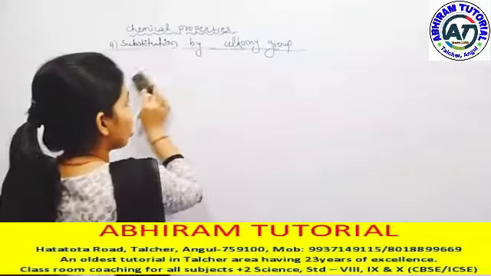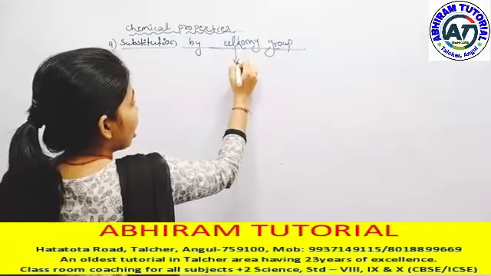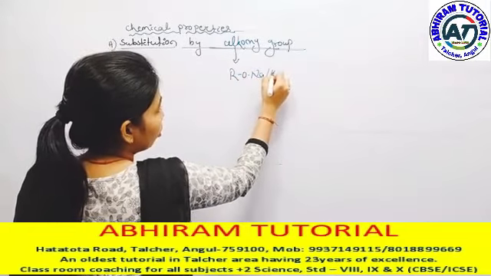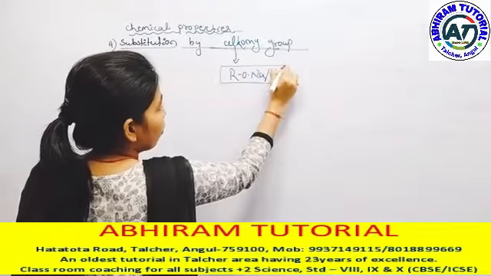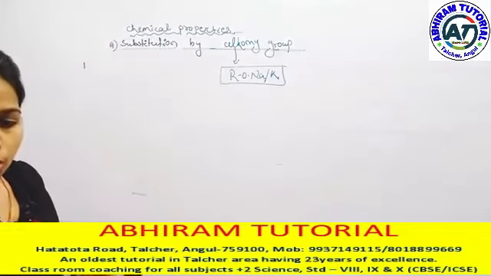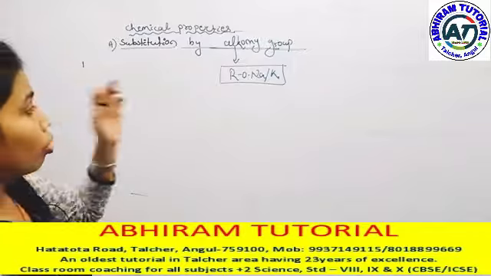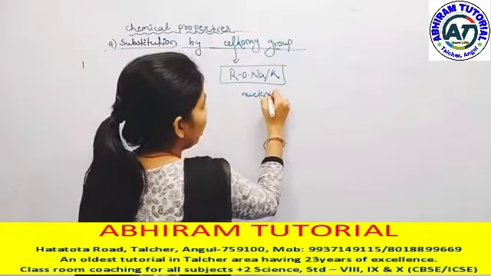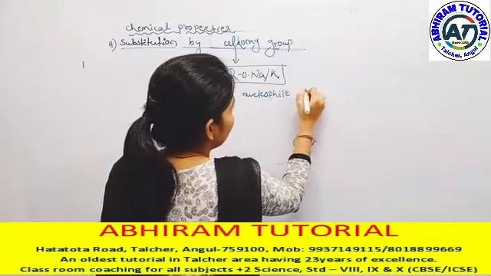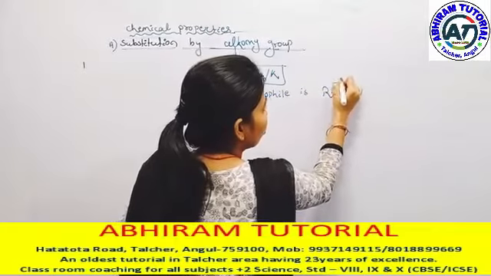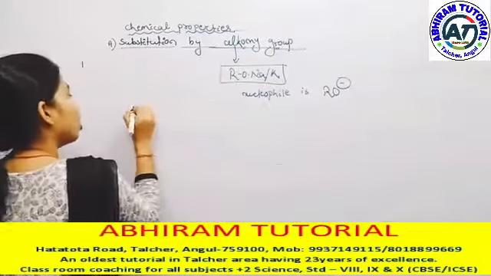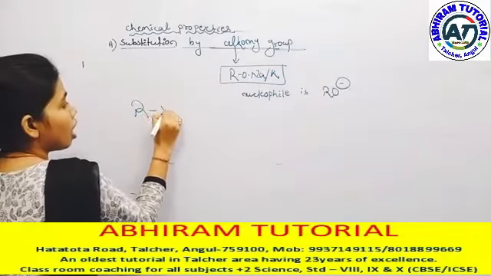An alkoxy group is RONa or ROK. Here the nucleophile is RO minus. So RO minus reacts with the haloalkane.